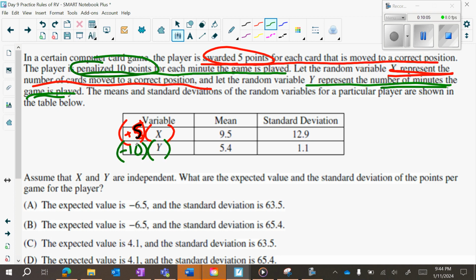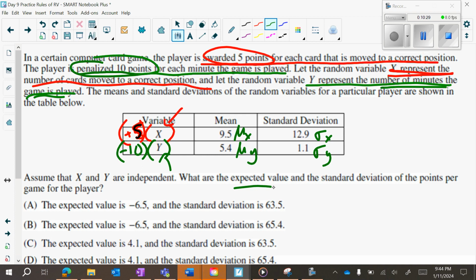So you're earning points for x, and then you're basically getting subtracted points for y. So now it says the mean and the standard deviation of these individuals. So this is the mean of x, and this is the mean of y, standard deviation of x, standard deviation of y, okay? So it says, what is the expected value and the standard deviation?